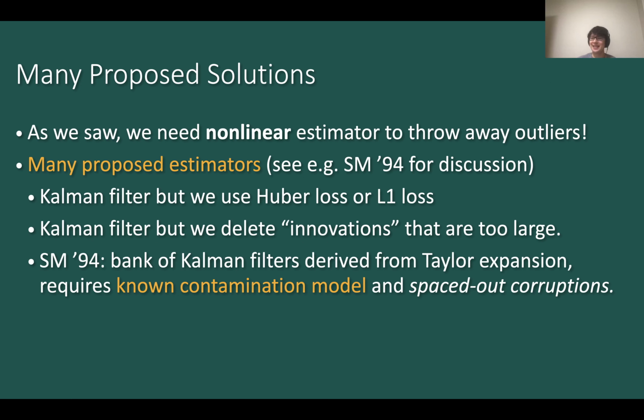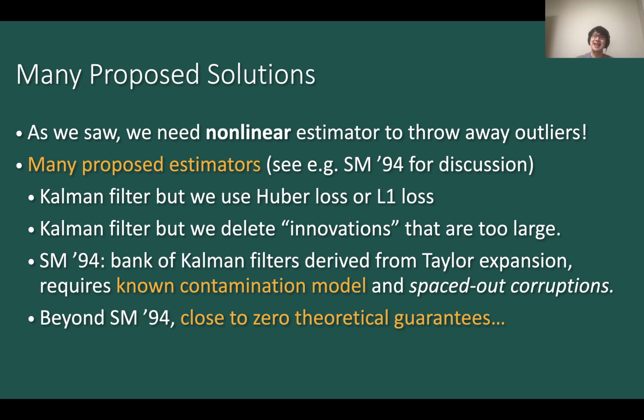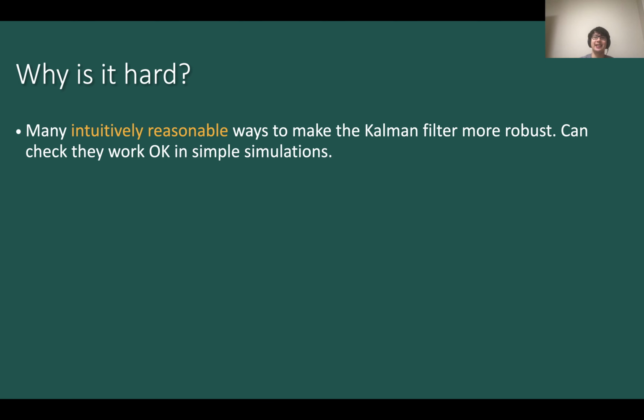And so it was a bit limited. But that's actually one of the main theoretical results in this area. And beyond that, although there's many things that people have tried, based on practical motivations, there's not very much theoretical guarantee. Okay, and maybe it's a bit surprising, so I just wanted to say a bit, why are there not really many theoretical guarantees in this area?